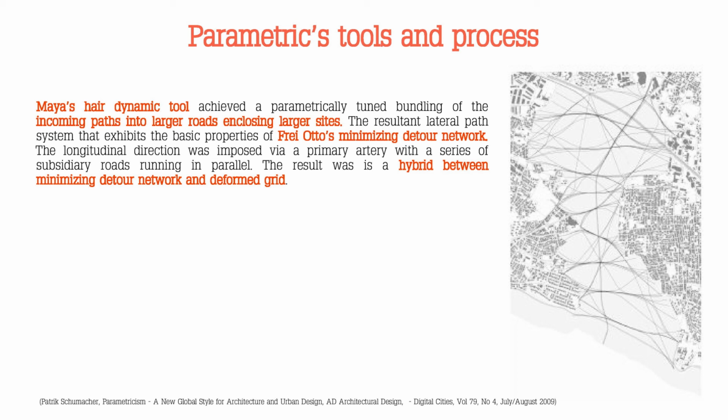In this slide, Patrik Schumacher illustrates a very powerful and very interesting method that the Zaha Hadid office used for some urban planning, which is based on a very unusual software, by the way. It's a parametric software. It is one application, one plugin in Maya, the software Maya, for the hair dynamics tool.